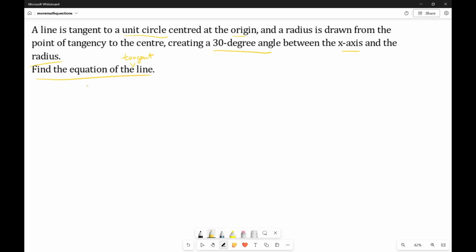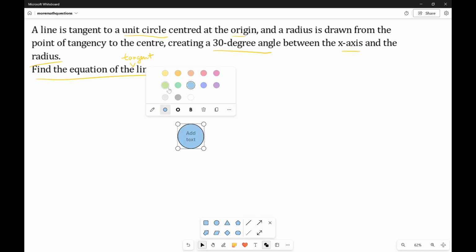Now this is more of a word problem, and it's really helpful to draw a diagram in these cases. Let me make it a simple circle.